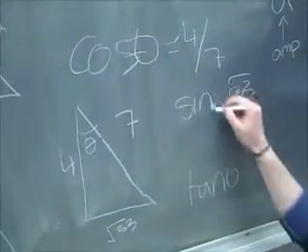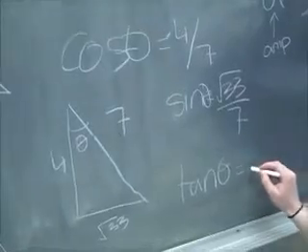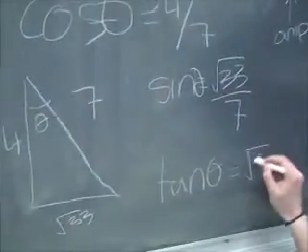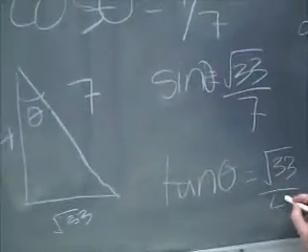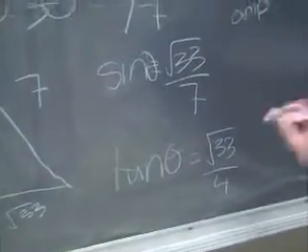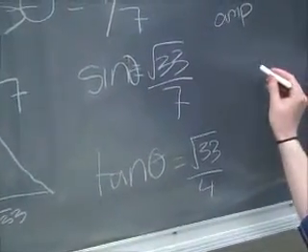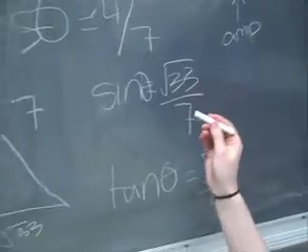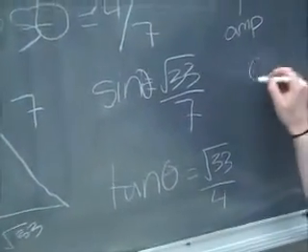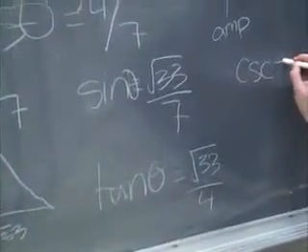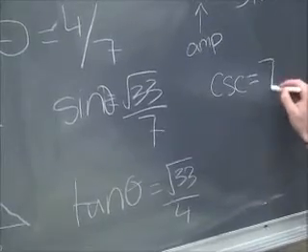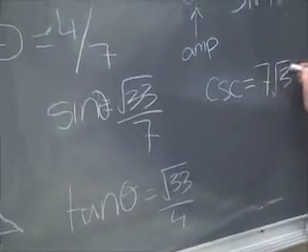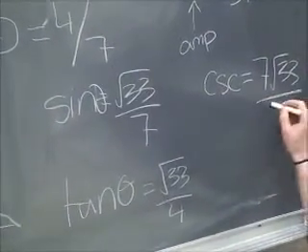So tan of theta, remember to put theta, sorry, is going to be root 33 over 4. And then once you have that, you'll know the reciprocals. So cosecant is the reciprocal of sine. So cosecant is going to equal 7 over root 33.